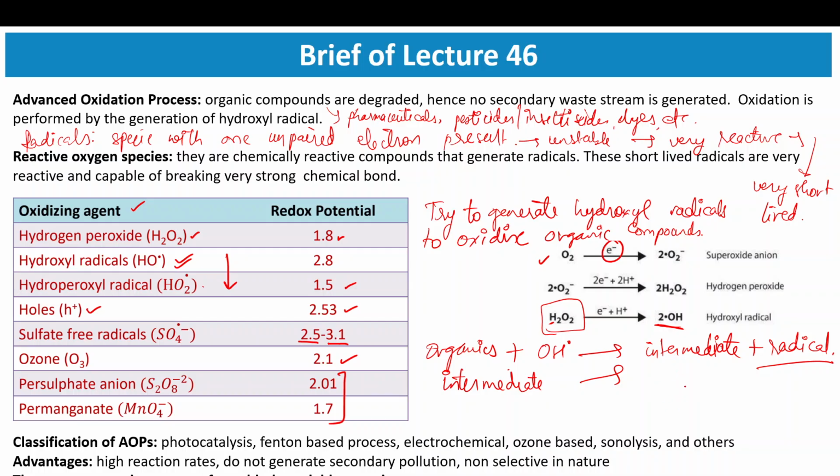Since we want to oxidize organics, our end product should be CO2, because CO2 is the final product which cannot be further oxidized, right? So the oxidation will take place until CO2 is formed. The intermediate will go on degrading until CO2 is formed, and at the end we will have a radical again, which we can further use up.